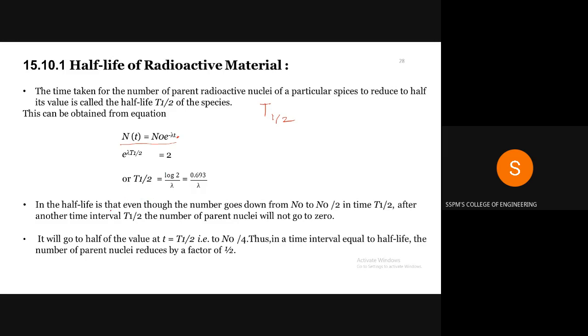In the half life, even though the number goes down from N0 to N0 by 2 in time T half, after another time interval of T half, the number of current nuclei will not go to 0.